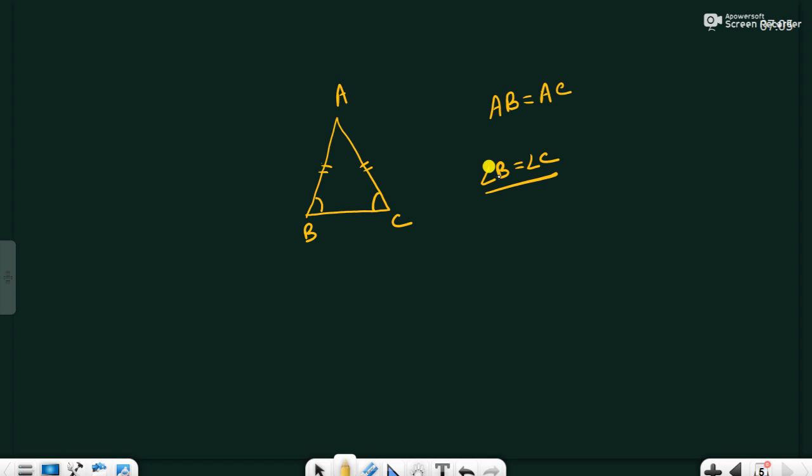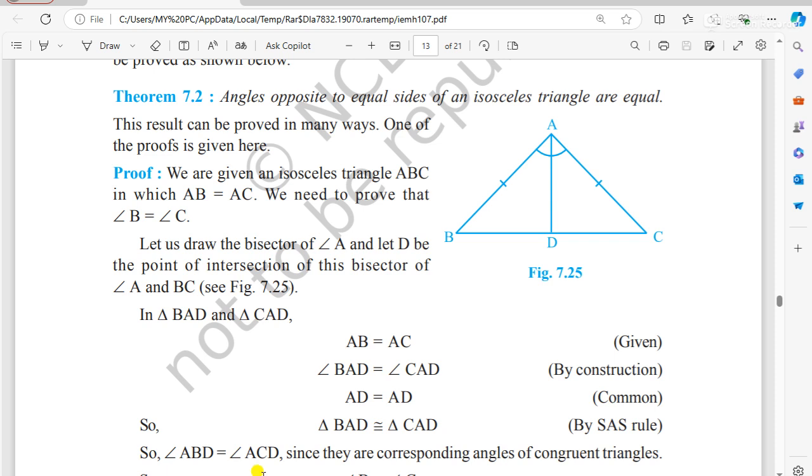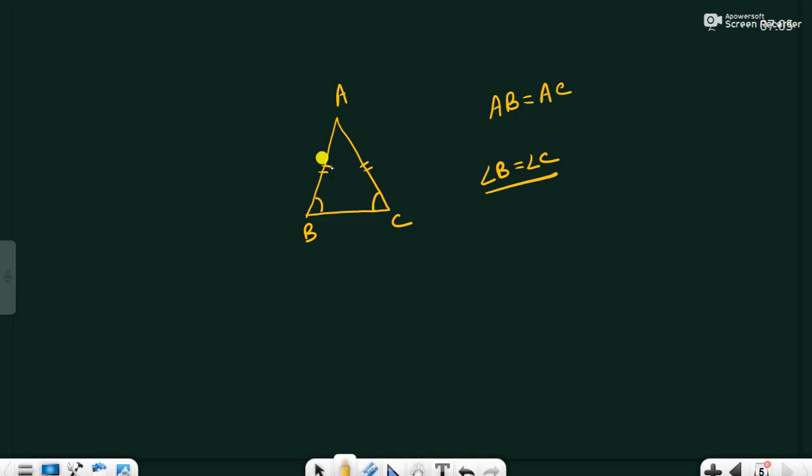This is the theorem. It is given that angles opposite to equal sides of an isosceles triangle are equal, and it should be an isosceles triangle, right? Angles opposite to the equal sides will be equal.